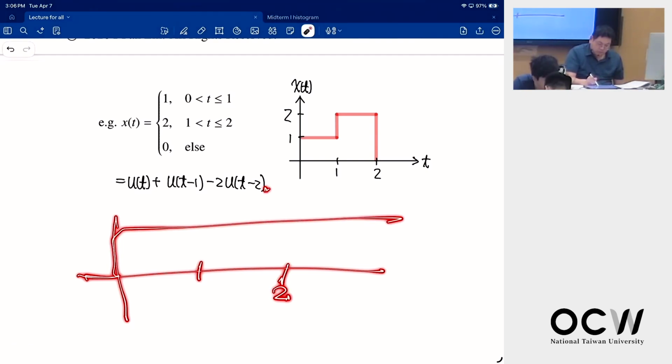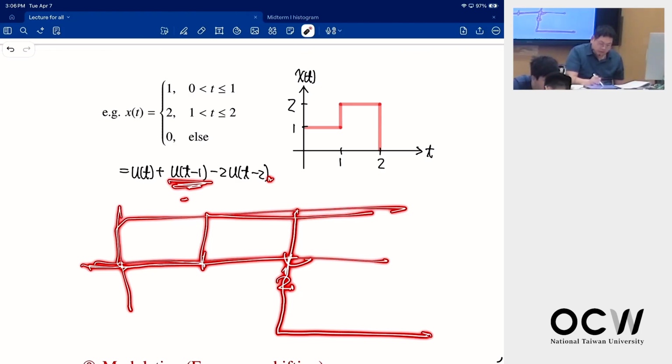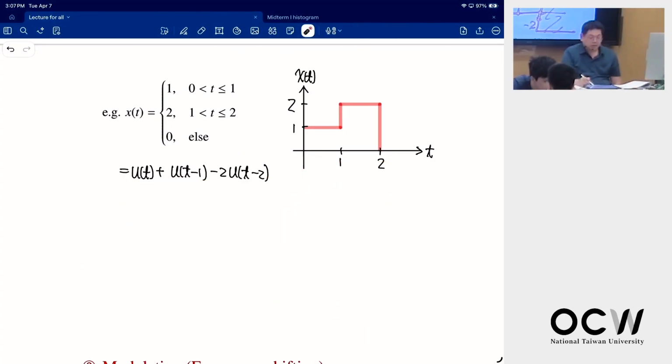So when at 2 here, I should go down, a step function going down. But in t minus 1, I also have another unit step function. So 1 plus 1 here actually I have a 2. So that's why I have minus 2 that can cancel out. Okay?